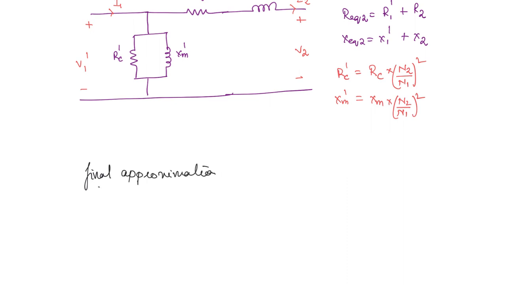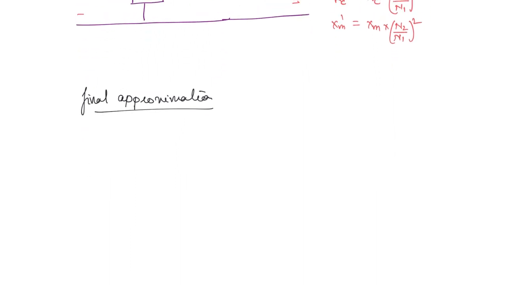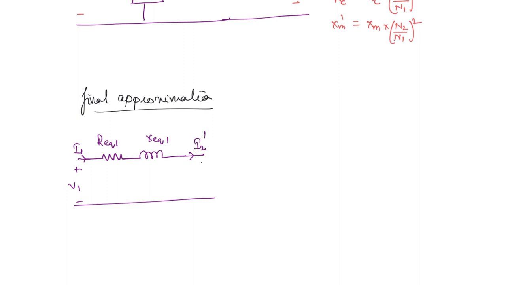This is going to simply consist of one resistance and one inductance. If you are referring to the primary side, then we will call it R equivalent 1, X equivalent 1. And here you have I1 and this is V1. Here you have I2 dash and V2 dash. This is referred to the primary side.